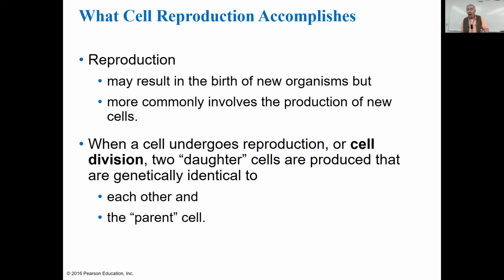Of course, when we're growing up, from a baby to a toddler to an adolescent, we're making new cells and we're growing. Because when you're an adult, you stop growing this way, right? You may still grow this way, but you stop growing this way. But you're still making new cells. We're going to learn that some of your cells in your body still undergo mitosis to make new cells.